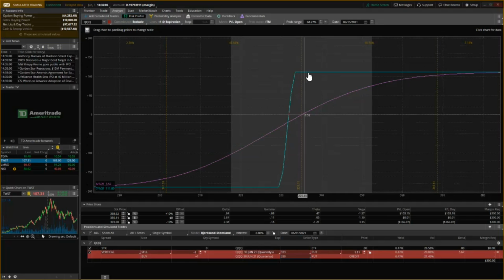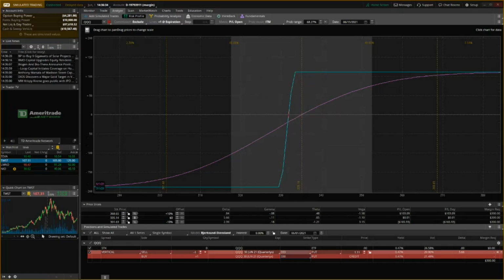In this case, I'm going to make $111, or I can live with a bigger loss of 175, almost $180. So it's either almost a $180 loss or a $111 profit. That's nice. That's not bad.